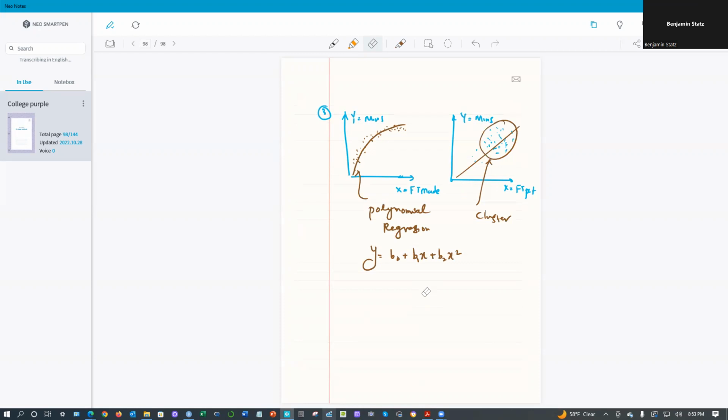The same variable, you square. So b0 is the intercept, plus b1 times x, the slope times FT made, plus b2 times FT made squared.